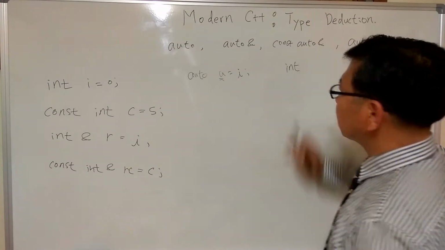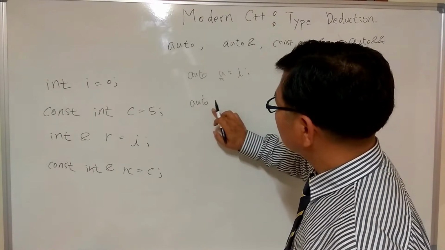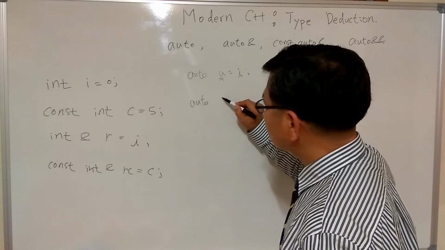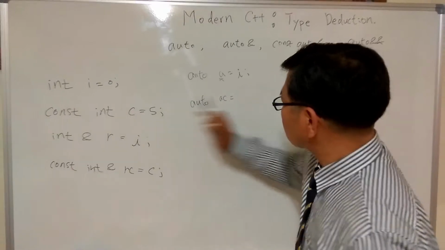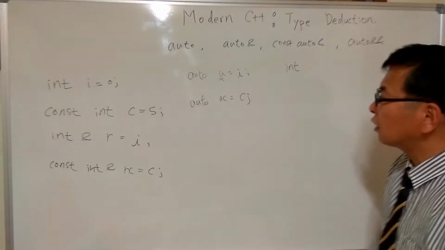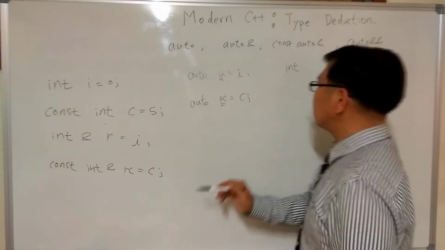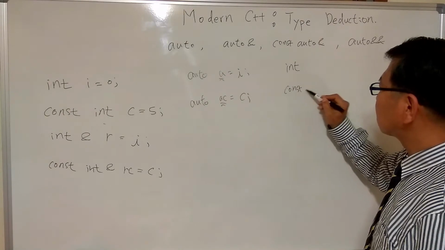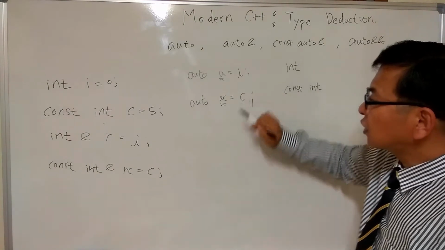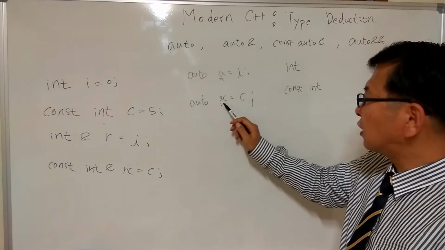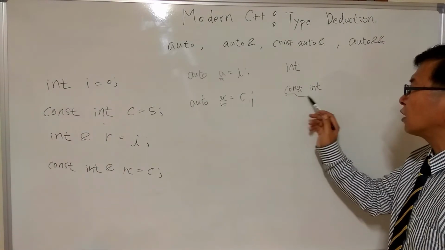Now I will declare another one, auto AC, initialized with C. What will be AC's type? Const int? Do you think so? Because C's type is const int, AC's type should be const int. I will talk about this.